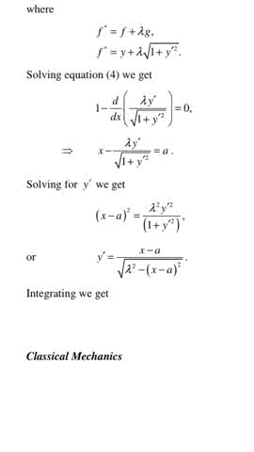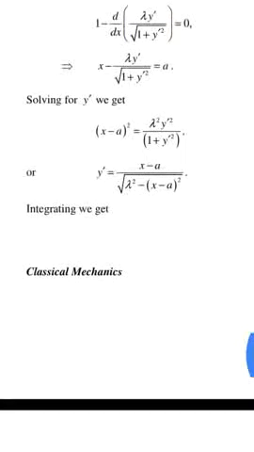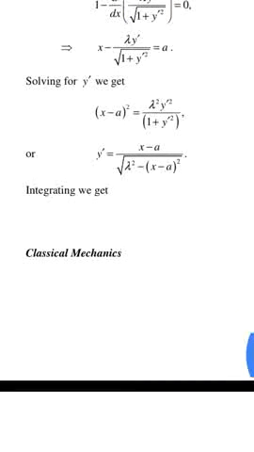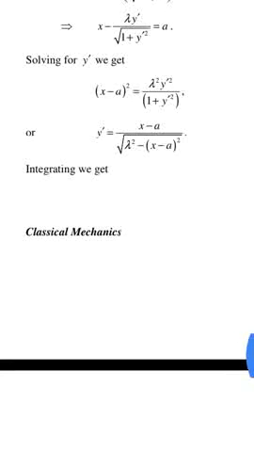Therefore, x minus lambda y dash divided by square root of 1 plus y dash square is equal to a constant of integration a. Solving this for y dash, y dash is equal to x minus a divided by square root of lambda square minus bracket x minus a square.